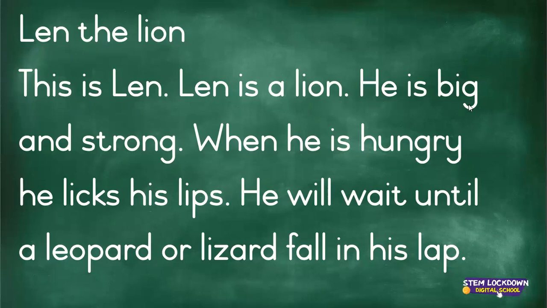Is big and His strong. lips. When He'll wait until he is hungry, leopard or a he lizard licks his lips. He will wait until a leopard or a lizard falls on his lap.